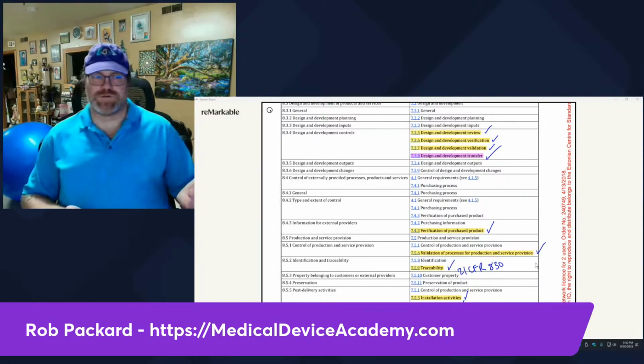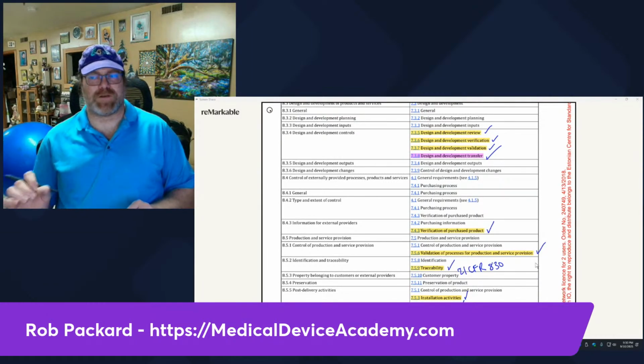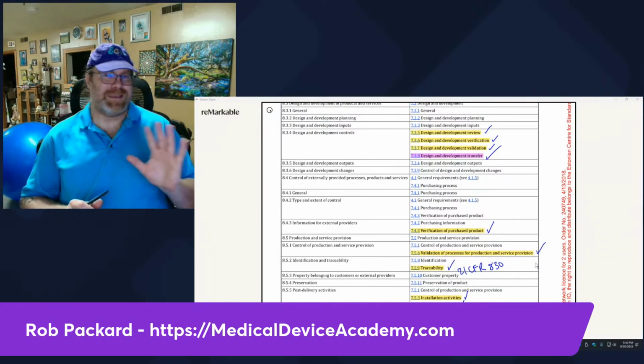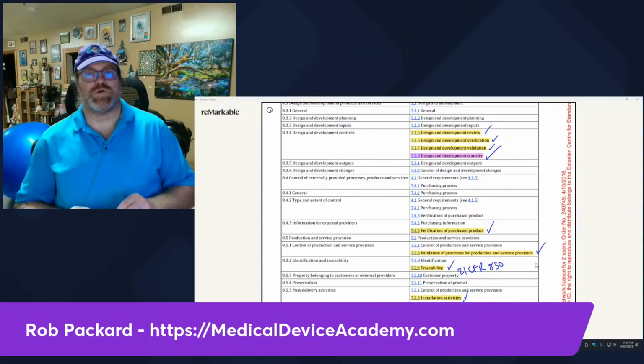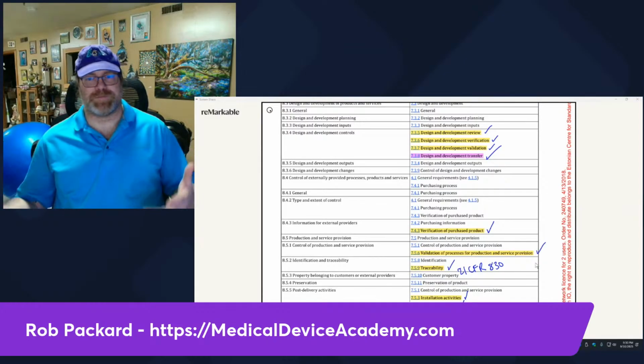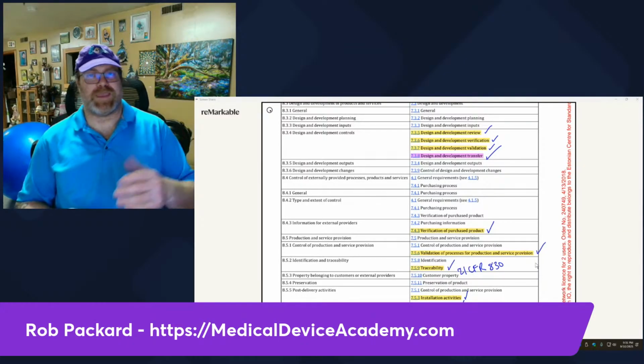But they didn't do that over on the 9001 side. So the complaint handling requirements are very prescriptive and need to be followed for your complaint process, not in 9001. So you're going to have all kinds of suppliers that don't have a complaint handling process if they have 9001 that meets the requirements. So if they get inspected, that's going to be a 483 right away.